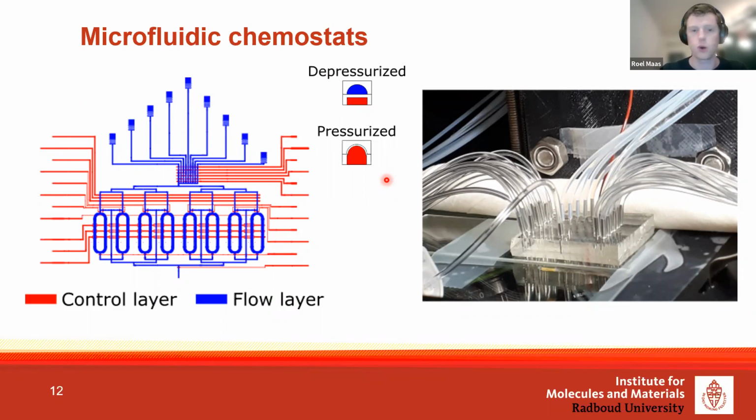Using this, we can control the flow throughout the device. There are 8 parallel reactors, and we can control them all individually, so we can do 8 different reactions at the same time if we want. The device looks a bit like this when it's all plugged in and ready to go. It's mounted on a microscope, so we can image the amount of GFP or mCherry that's produced inside the reactors.